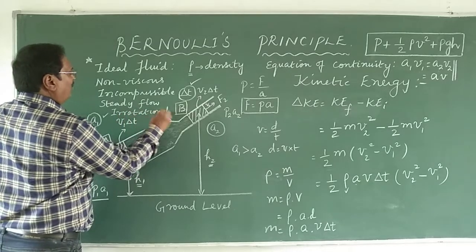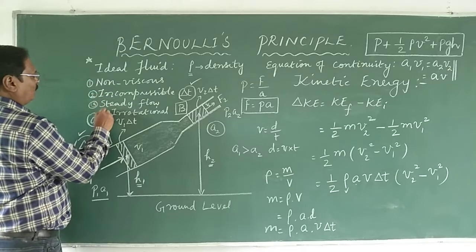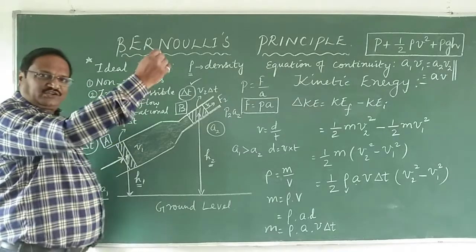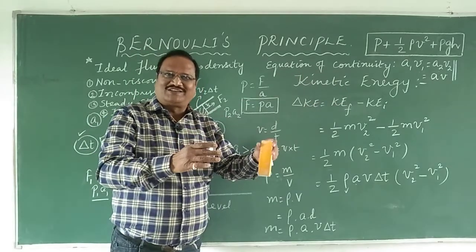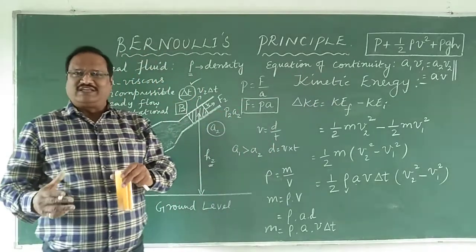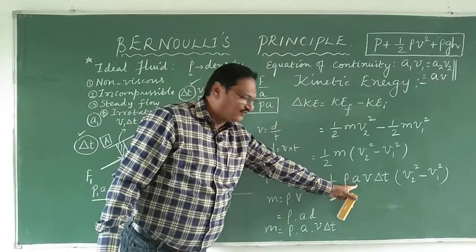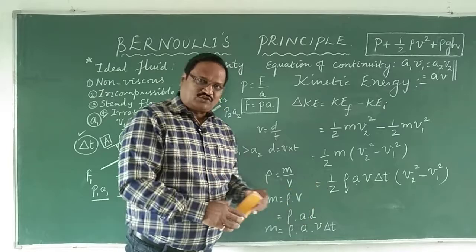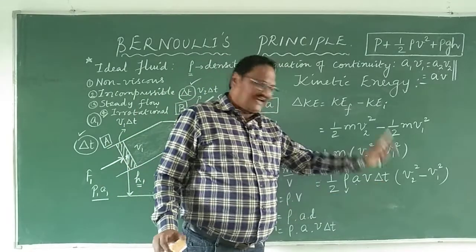When all these factors, 1, 2, 3 and 4, are satisfied, the equation of continuity says A1 V1 is equal to A2 V2 is equal to A into V. So that is what I have taken. I have dropped the subscript. Dear students, delta T is the same, time is the same, so I have kept it as it is.